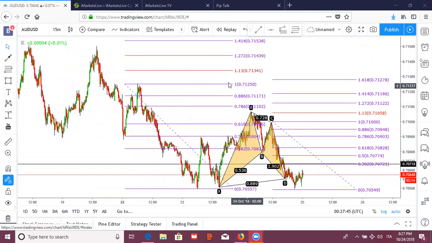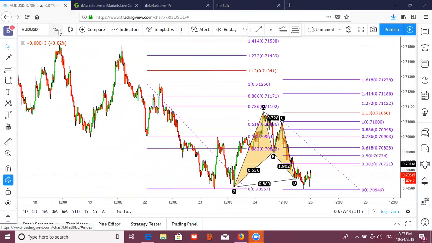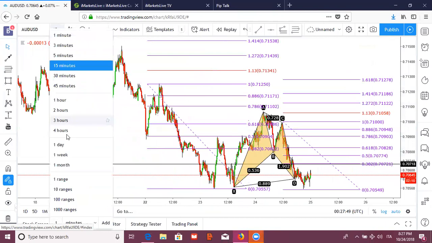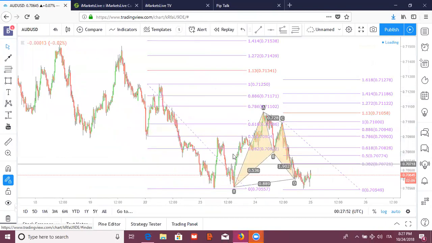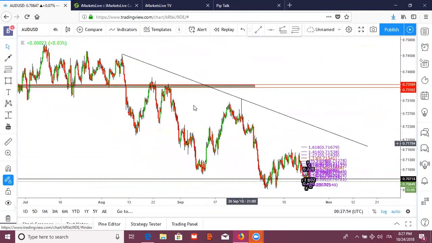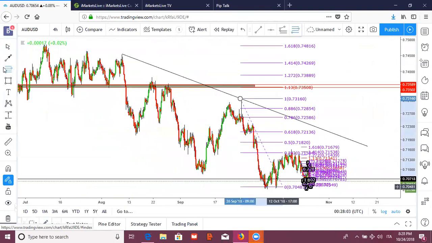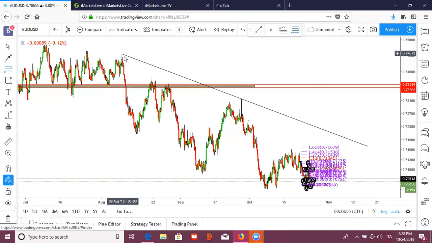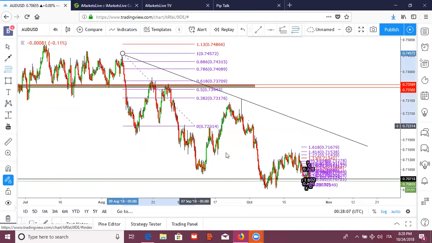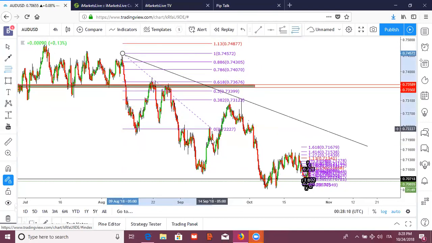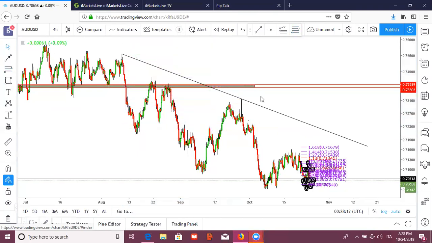What are you in for, Justin? Let me go to a 4 hour chart and see if I can spot something. It looks like you might be trying to ride that C leg up. Cipher pattern, yes sir. You're looking to ride the C leg?